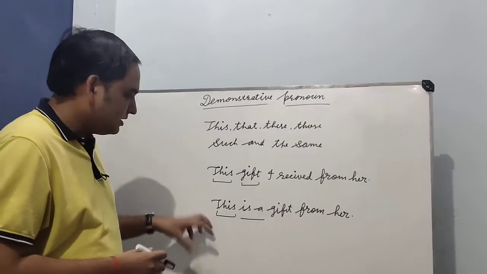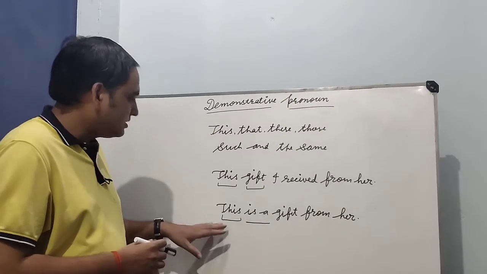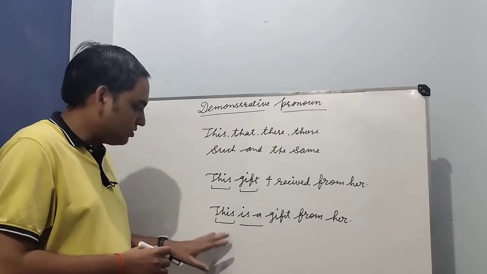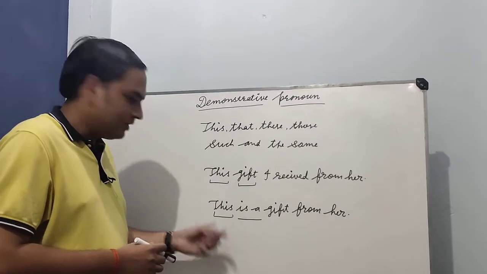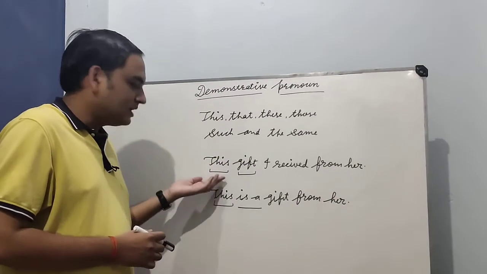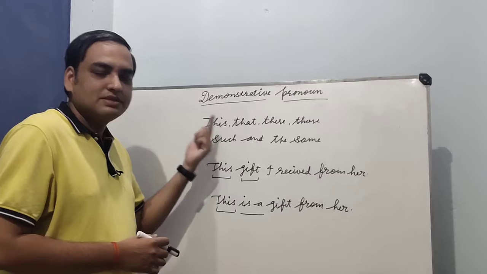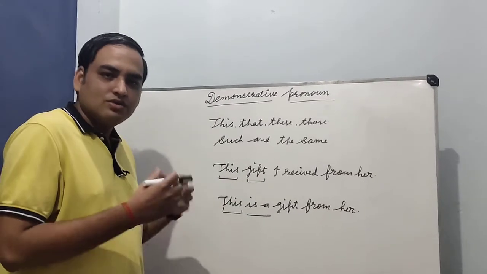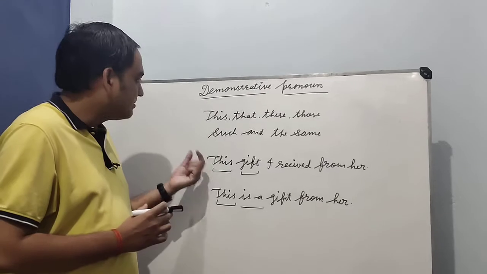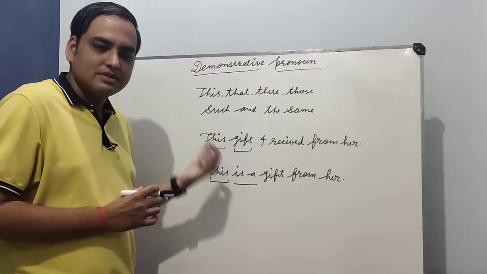It means that we cannot use any noun after this. So this is the use of this as a demonstrative pronoun, and in the first sentence we are using this as a demonstrative adjective.